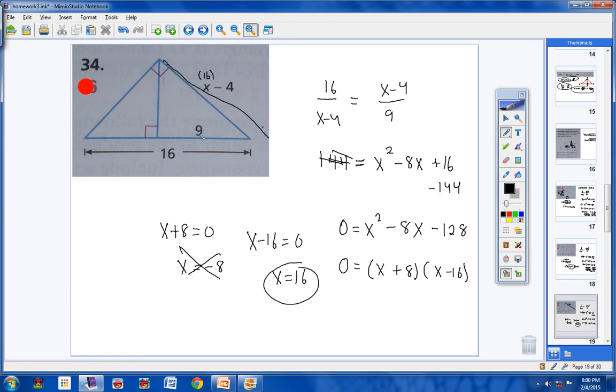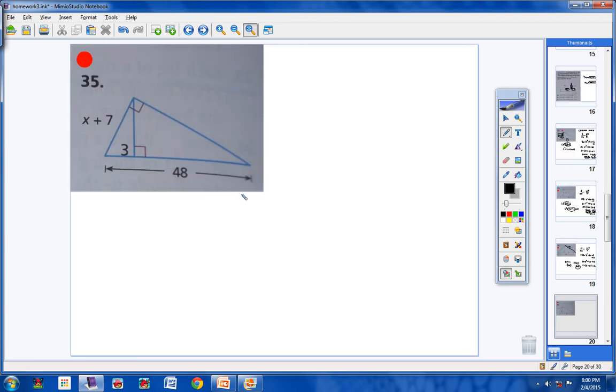Alright, moving on to number 35, okay? This length here is the geometric mean of this number here and the whole length here, which is 48, okay? So with that in mind, if I take the geometric mean of 3 and 48, I will get out x plus 7. So here we go.